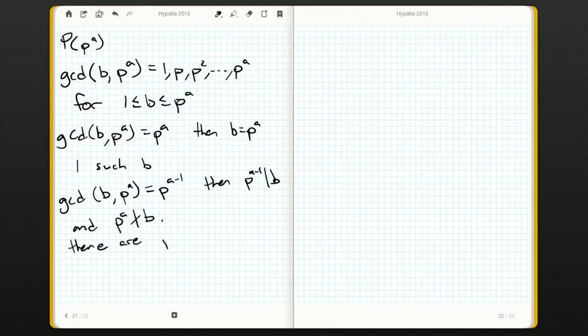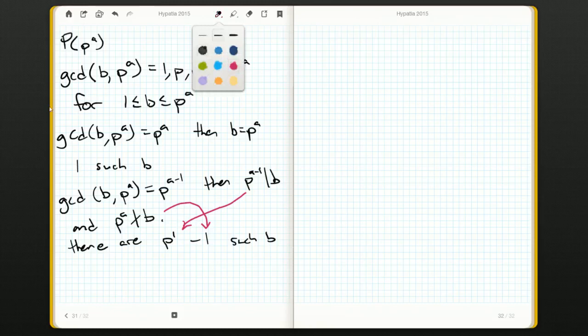So there's going to be p to the 1 minus 1 such values of b. All right, this is going to be p values from 1 to p to the a that are multiples of p to the a minus 1, and there's exactly one value that we have to exclude because it's divisible by p to the a as well.